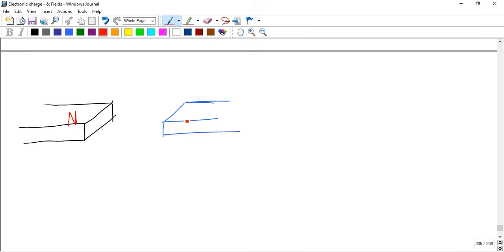Suppose that is the north pole and that is the south pole, so the magnetic field is from left to right, north to south.